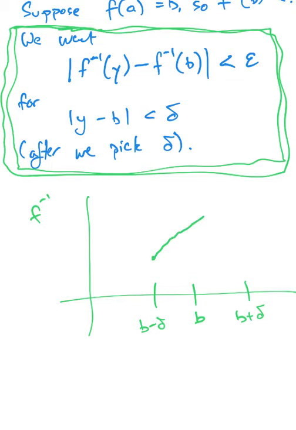Well, it's strictly increasing. Here's f inverse of B. We want to choose delta so that we're within epsilon. So let's say that's f inverse of B plus epsilon, and this is f inverse of B minus epsilon.